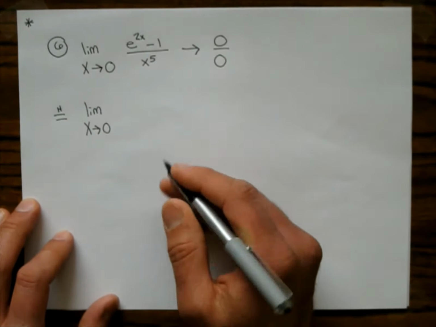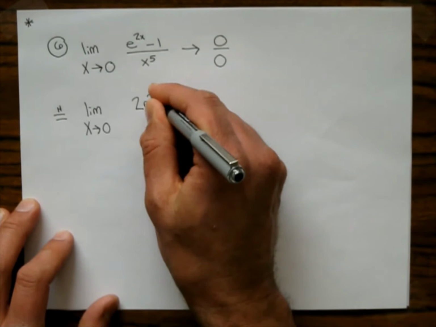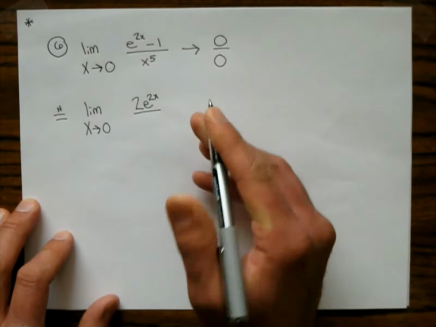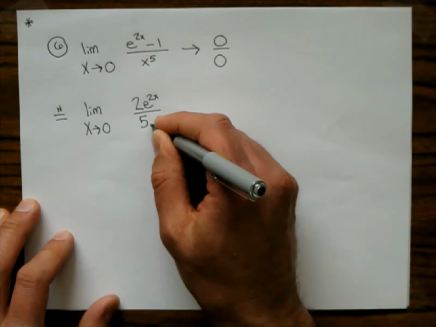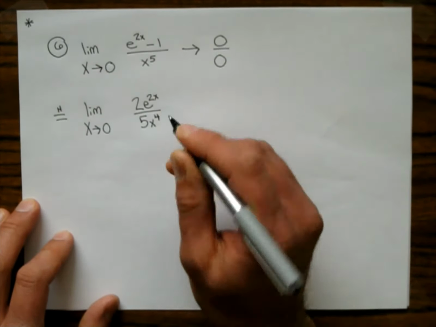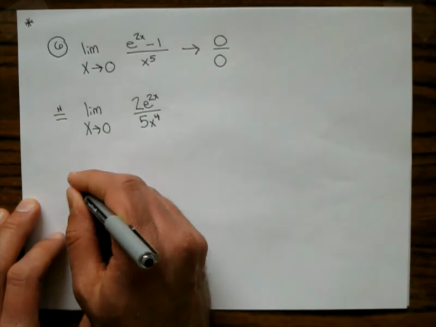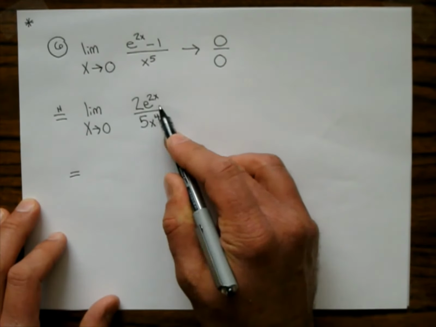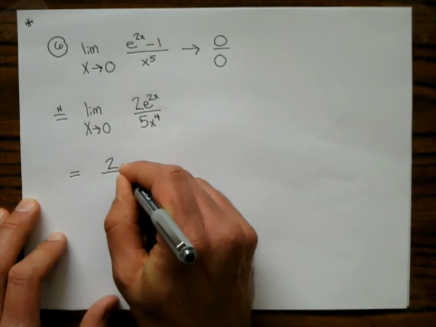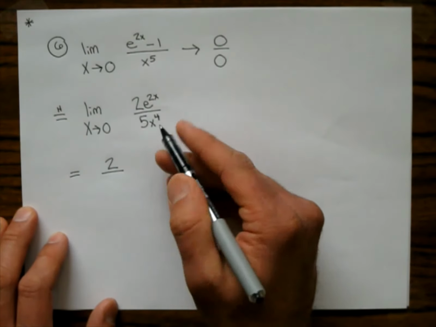The derivative of the top is a little chain rule there, so 2e to the 2x. The derivative of the bottom is 5x to the 4th. So now on the top, when you put 0 in, you end up getting just a 2. On the bottom, when you put 0 in, you end up getting 0.